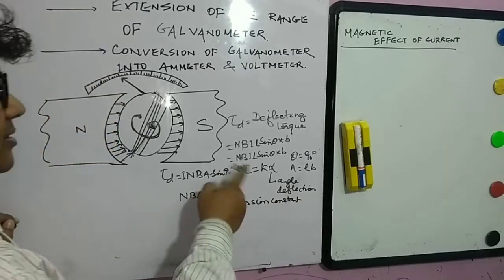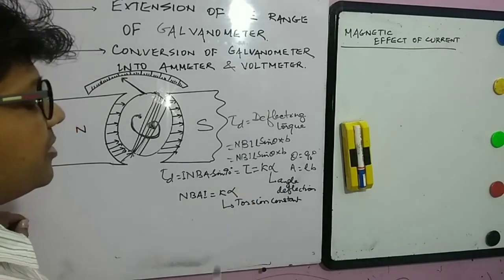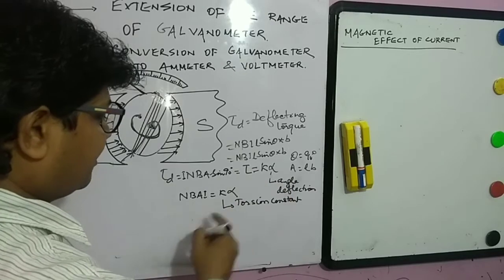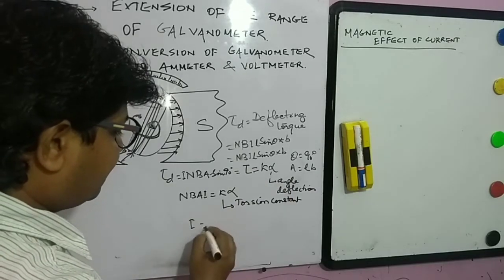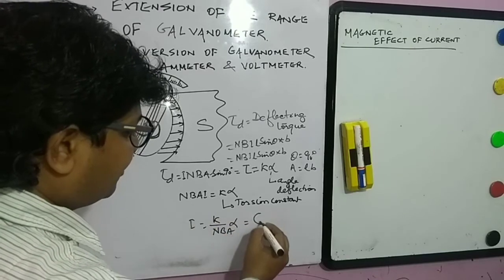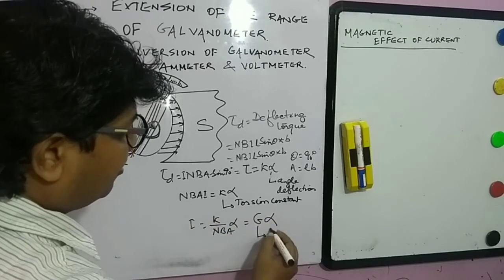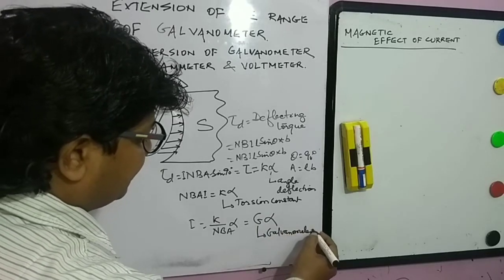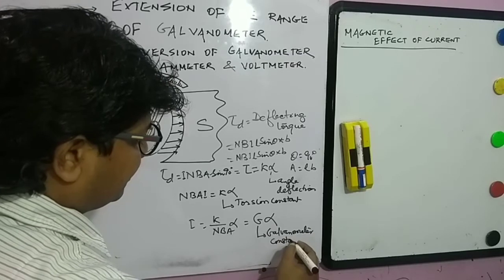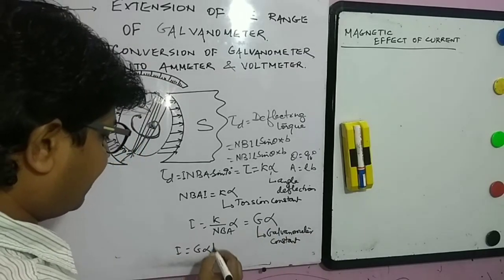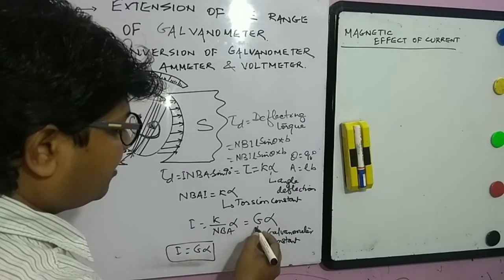So this deflecting torque will be equal to the restoring torque, which is k alpha. So what we are getting is I is equal to k by NBA into alpha, and this will be equal to G into alpha. G is called the galvanometer constant, and this I is equal to G alpha, and G is also called the figure of merit.